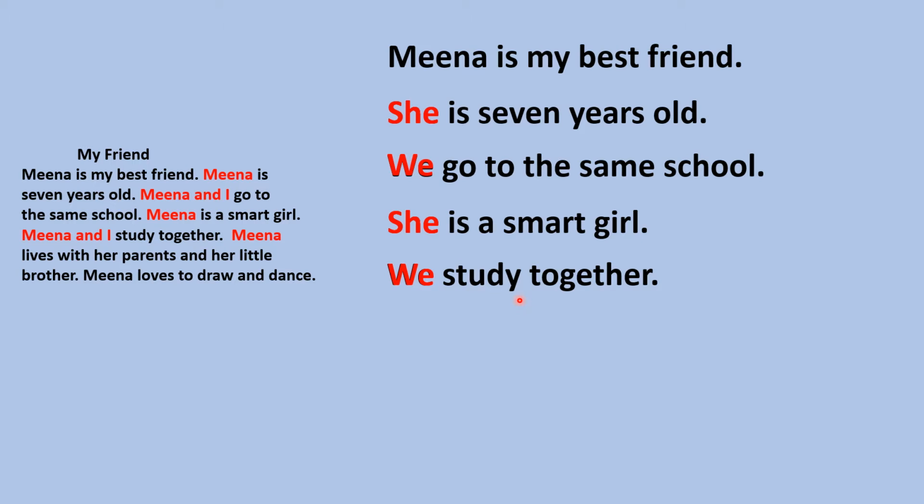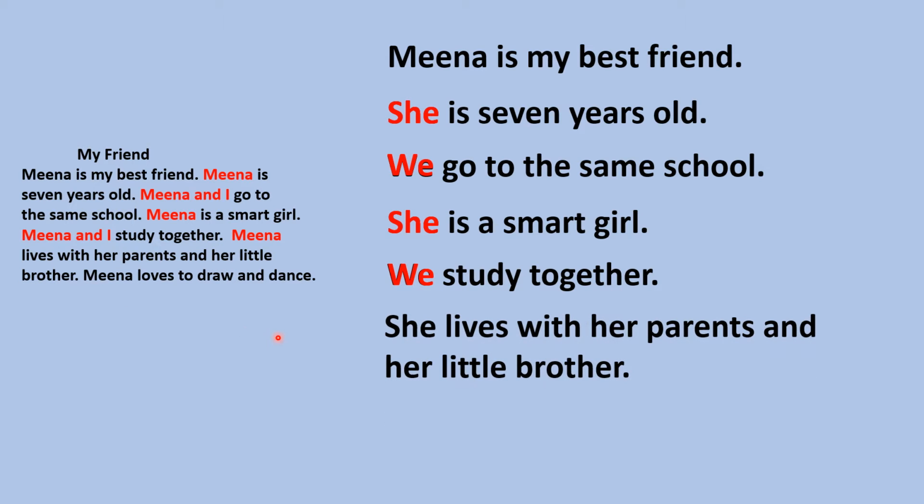We study together. Meena lives with her parents and her little brother. Again, you can write the word she. She lives with her parents and her little brother. And the last sentence, you can use the name again. Meena loves to draw and dance.